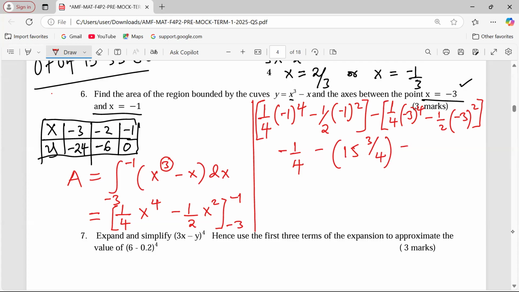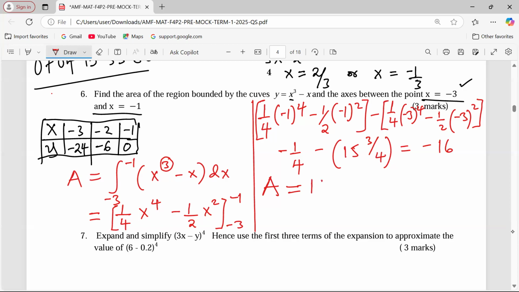So now this one is going to become, at the end of the day, -16. Now, the negative behind 16 is just emphasizing that the area that we worked out is on the lower side of the x-axis. But the value of the area is the absolute value of the integral.